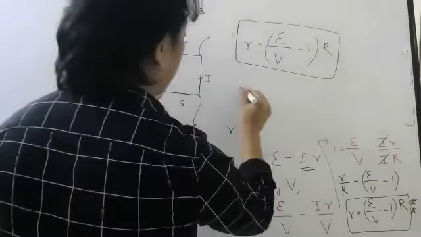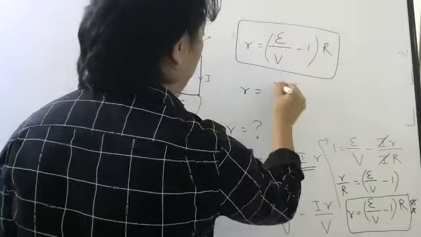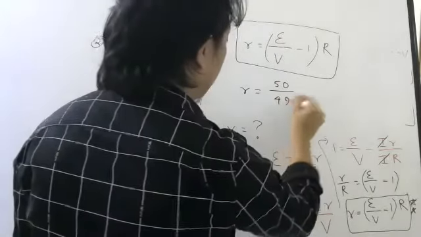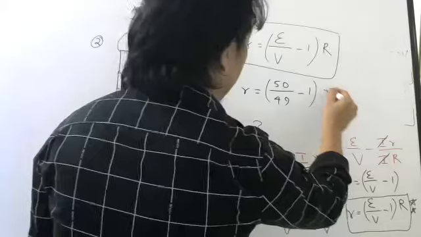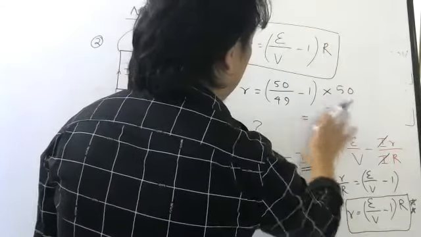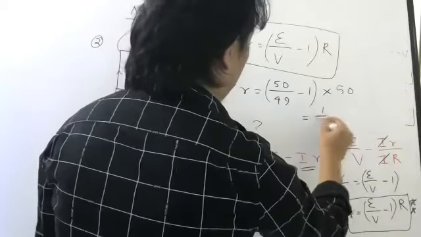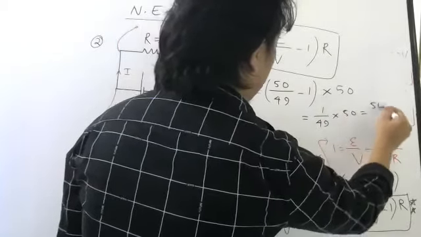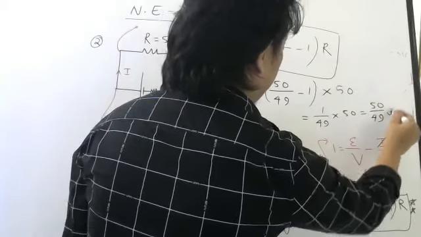So in this problem, what was your EMF? 50. What was your terminal voltage? 49. What is the external resistance? 50. Here I can write 1 by 49, LCM, into 50. So 50 by 49 ohm.